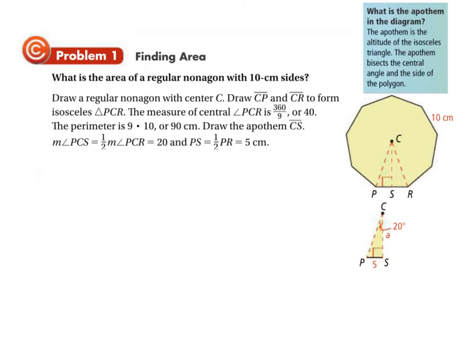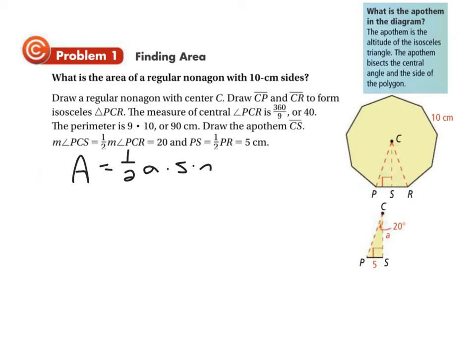You should hopefully remember the formula for the area of a regular polygon is 1/2 the apothem times the perimeter. I'll write it here and then erase it: area equals 1/2 the apothem times the perimeter. And what is the perimeter? The perimeter is just the side length times the number of sides.